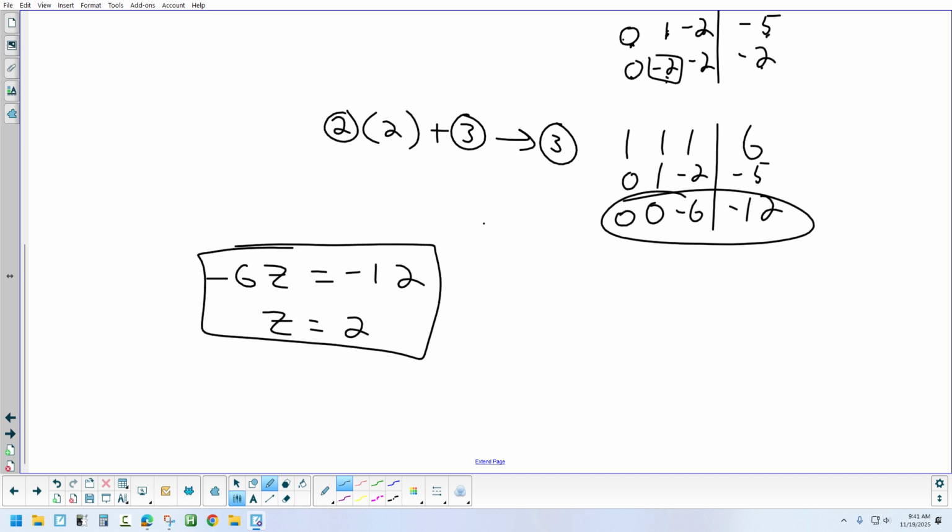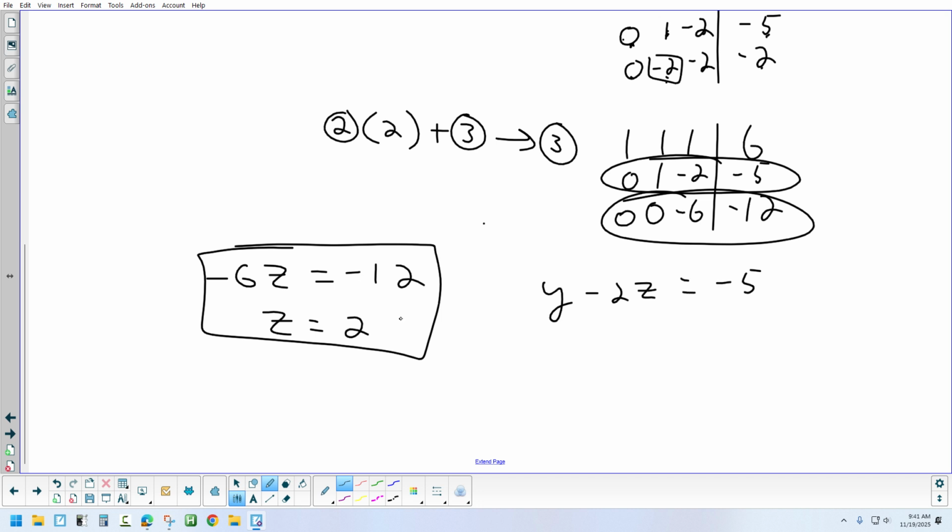Now we're going to go back and find y. And which row would I use to do that? Middle. What does that middle row tell me if you change everything back to letters? So I'm going to write it as y minus 2z equals -5.